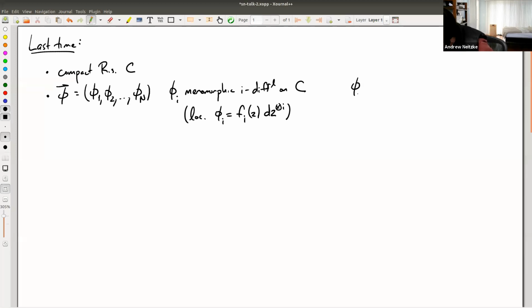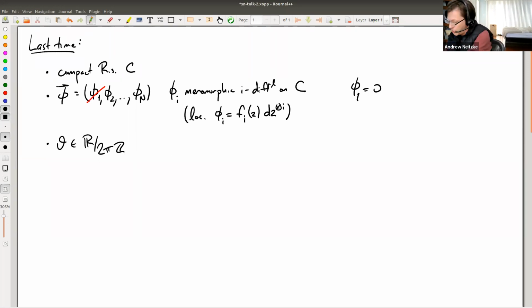I usually took phi1 to be 0, and in fact throughout today I'll take phi1 to be 0, so I'll just take phi2 up to phi n. Also we had the data of a phase, theta in R mod 2 pi Z.